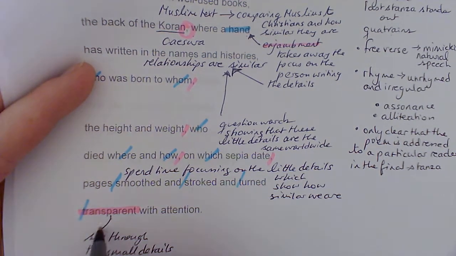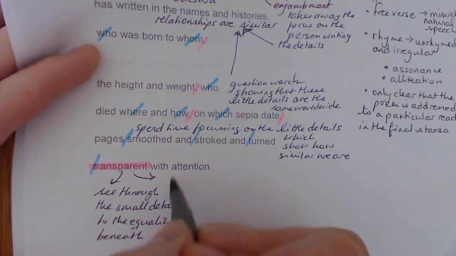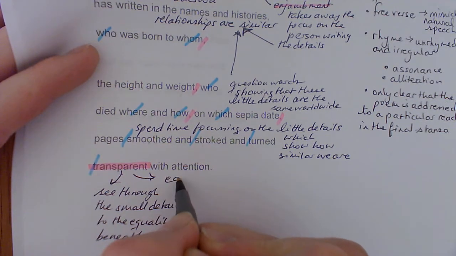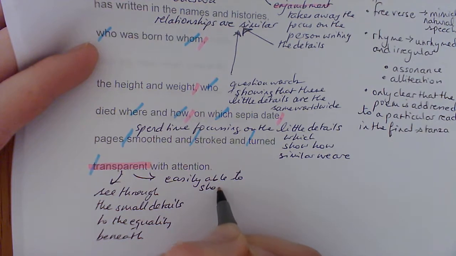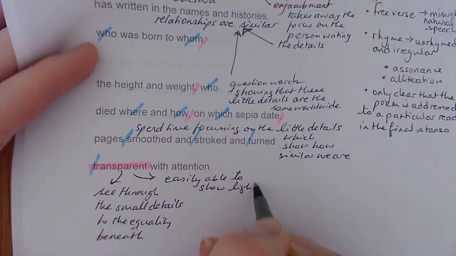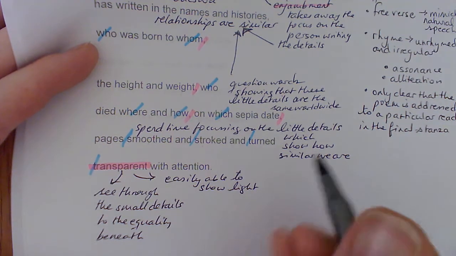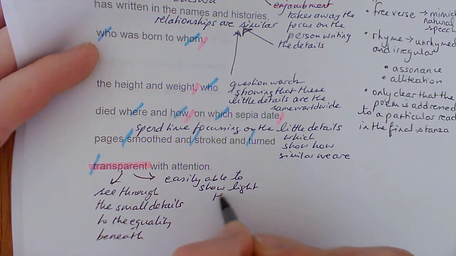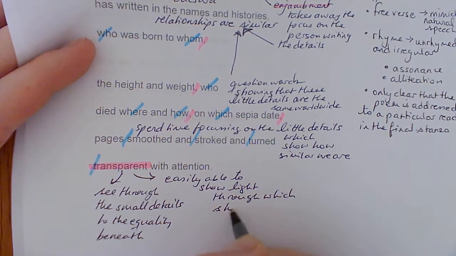Or we're saying that it's transparent with attention, and therefore it is easily able to show light. Remember, transparent means light comes through. So does translucent. Okay? Show light through, which shows we're equal.